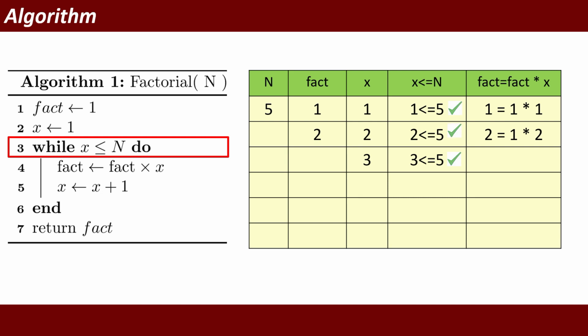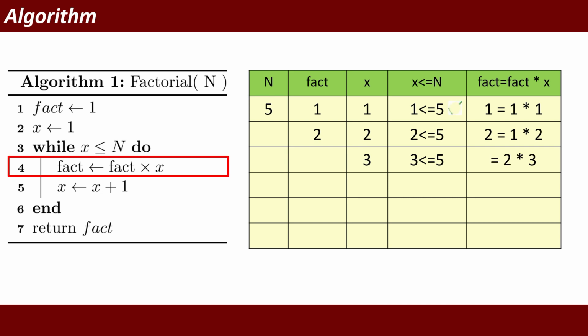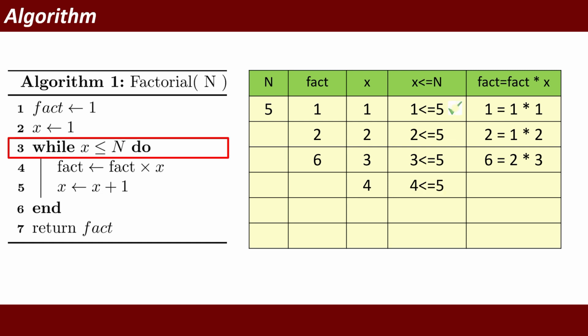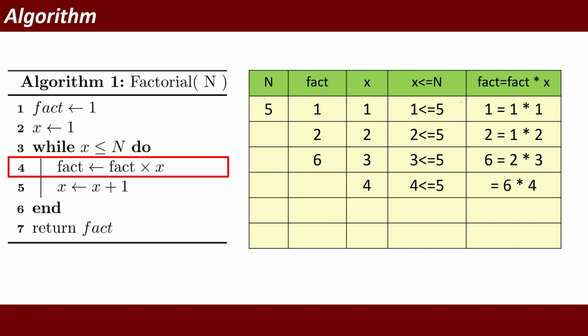Yes, and now 2 multiplied by 3: the value of fact is 2 and the value of x is 3. 2 times 3 becomes 6, and 6 is given to the variable fact. Then x is incremented by 1 and becomes 4, and it will check 4 is less than or equal to 5. Yes, then it will multiply 6 times 4.